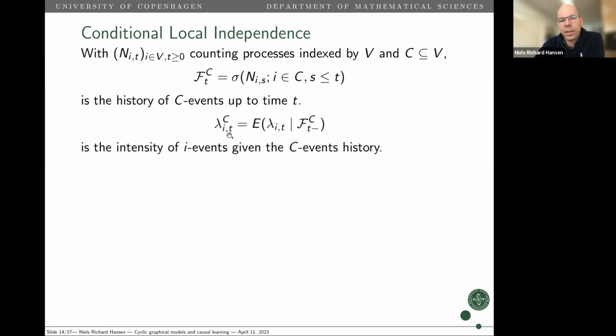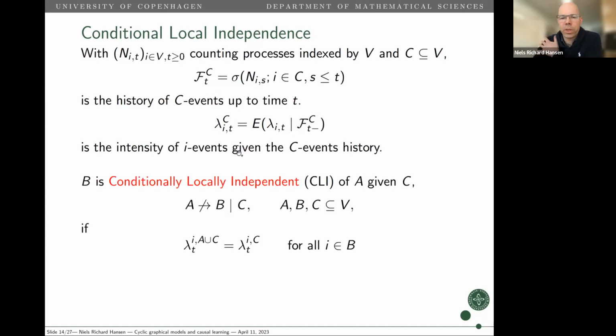Then we can define the I event intensity given the C event history. We take the intensity for the I coordinate and condition on what we have seen among the C coordinates only. This is a projection operation that tells us how to predict the infinitesimal evolution of the I process if we only see what is in the C events and not everything in the system. In terms of this projection operator, we can define the probabilistic concept of conditional local independence, or CLI.